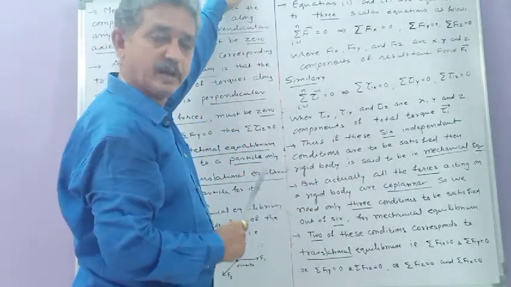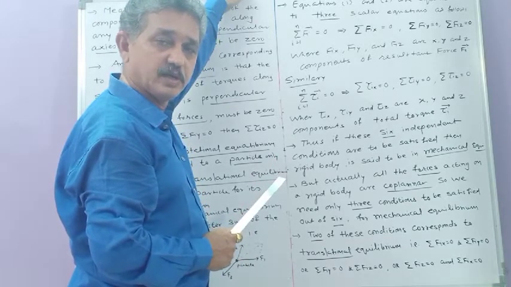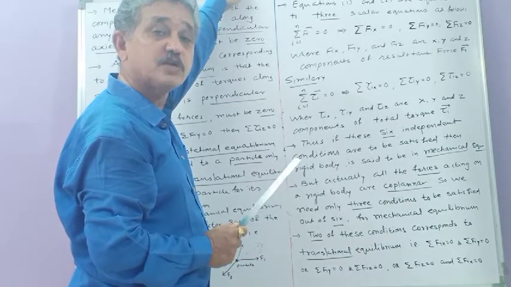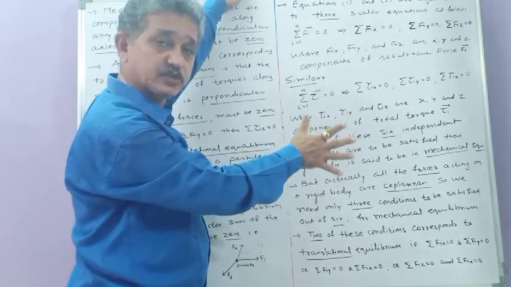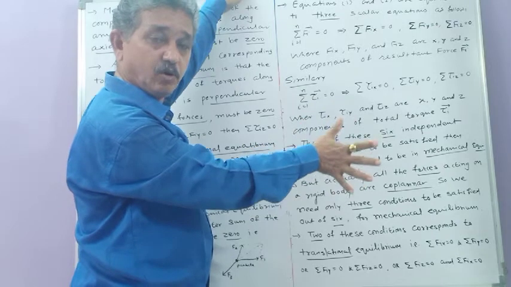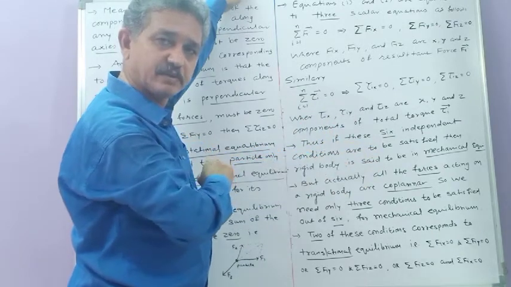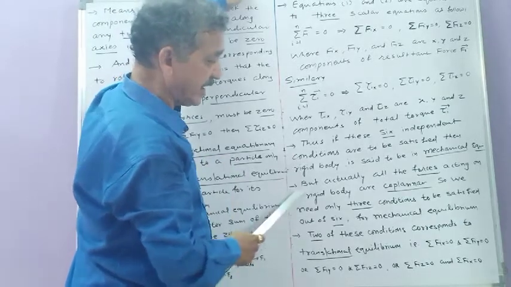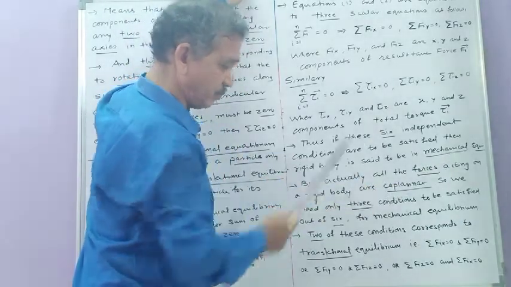But actually what happens? Whenever forces act on a rigid body, these forces are always coplanar. And as they are coplanar, it means these forces are either in the xy plane, or in the yz plane, or in the xz plane. So all the forces acting on the rigid body are coplanar.